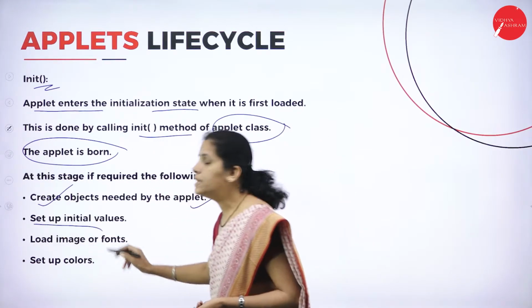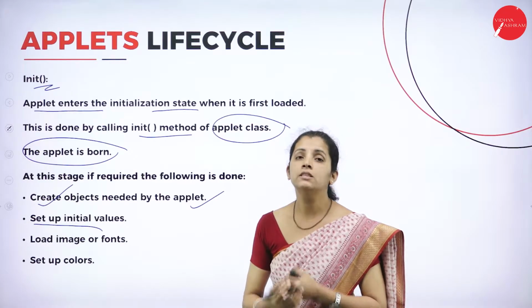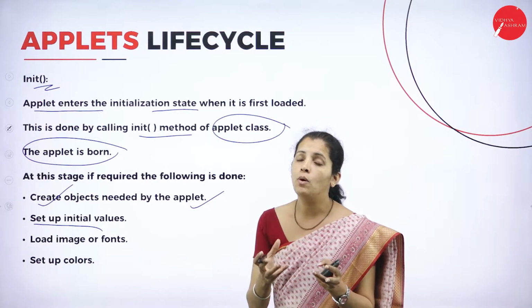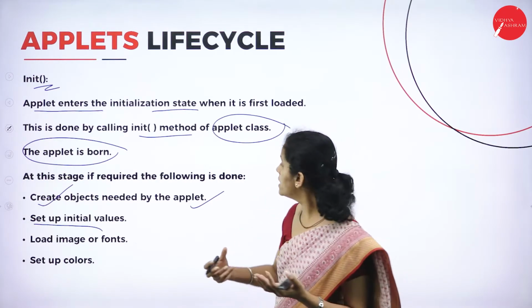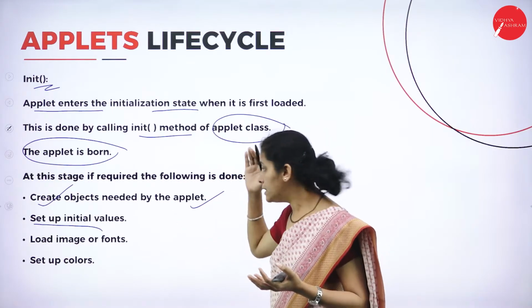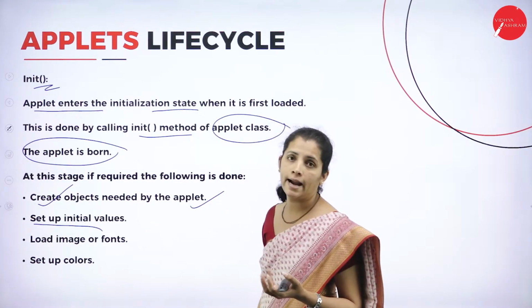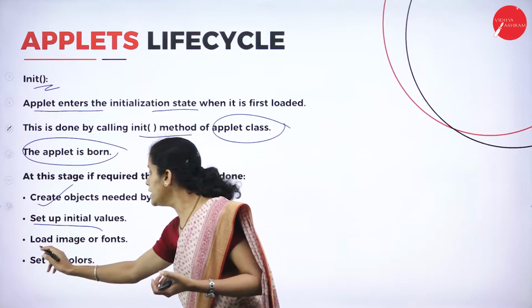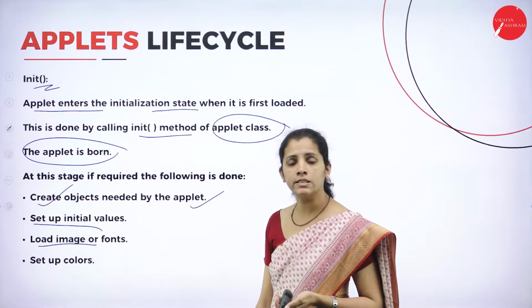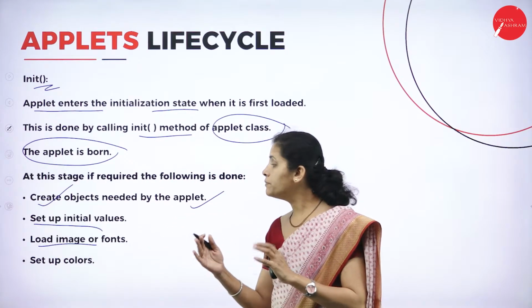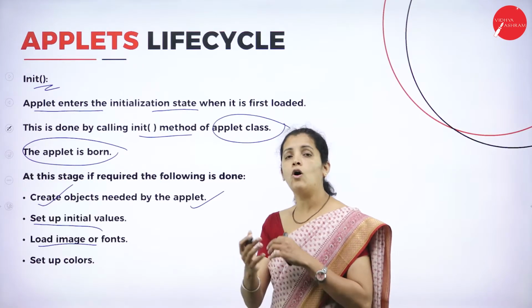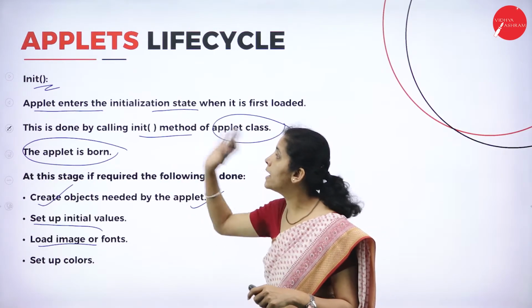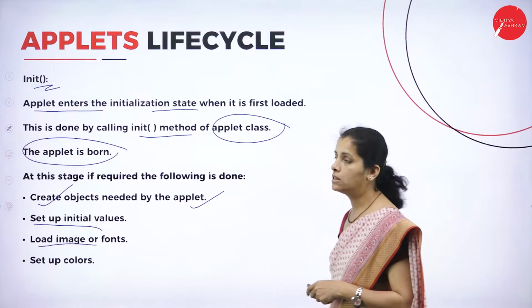Now set up the initial values. That means initialize the values. Whatever values are required by the applet must be initialized at this stage. Load the images or fonts, set up the color, set up the font size, etc. All those things are done under the init method.